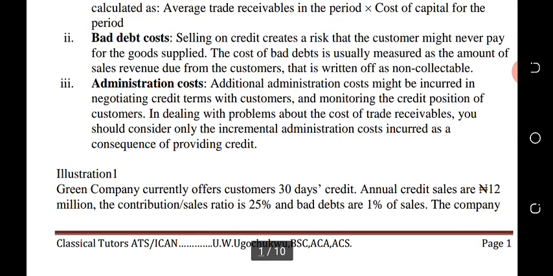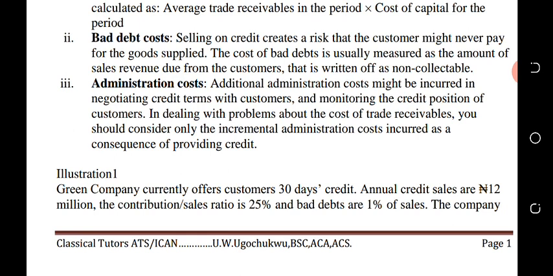Another cost is the cost of bad debt. Giving credit might lead to bad debt. That is, your debtors might not pay their account, might not pay the money they owe the company. So that is also a cost and an expense to the organization.